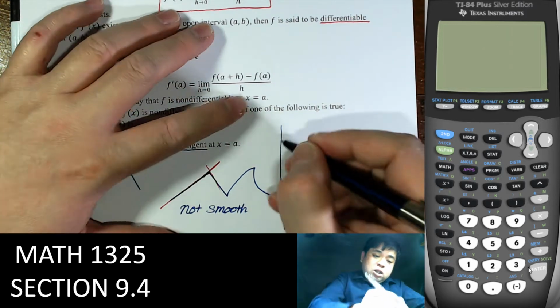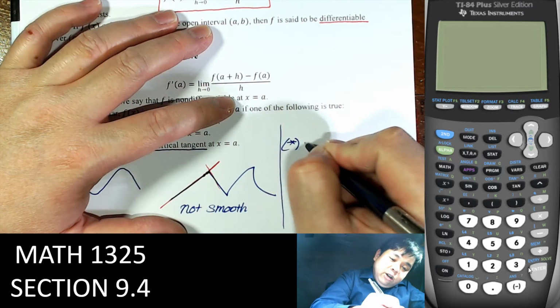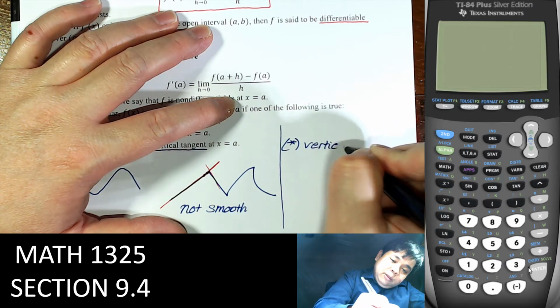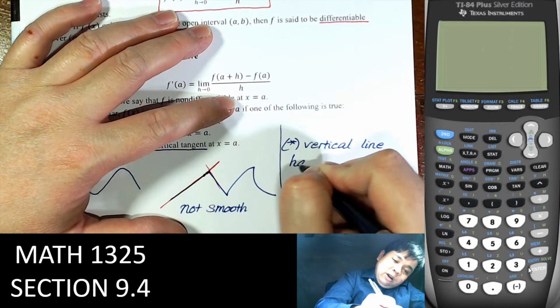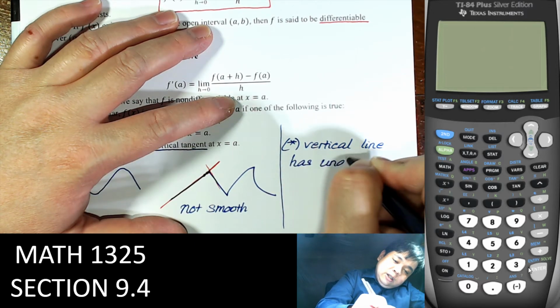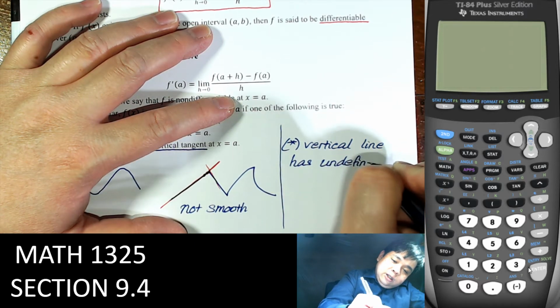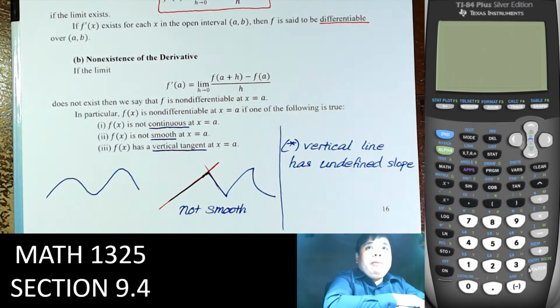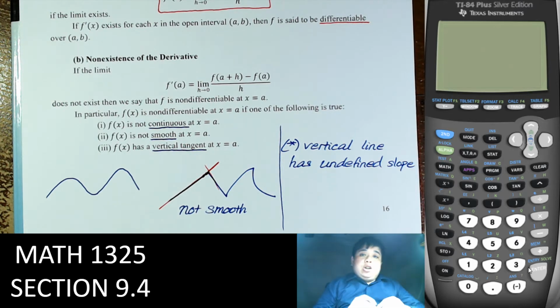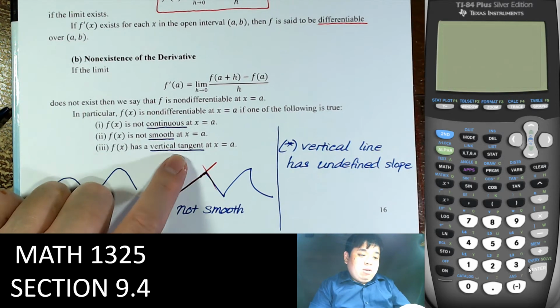So the little note here: vertical line has undefined slope. So because the slope is undefined, the derivative is undefined, therefore we cannot have the vertical line.